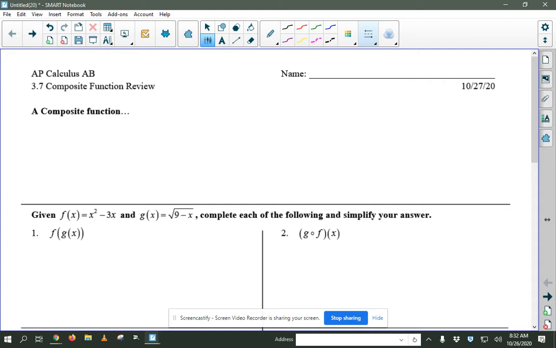So as a reminder, a composite function is, if the functions f and g are functions, then the composite of f and g.